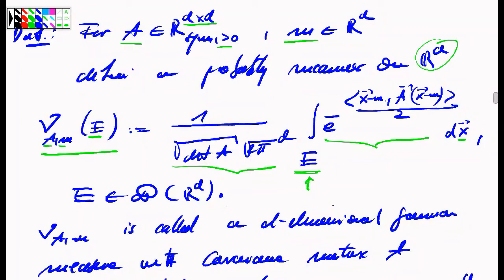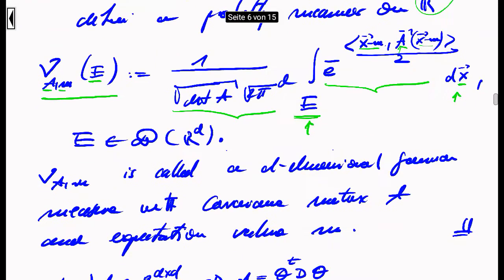And this quadratic form is obtained by shifting this variable x in space by the vector m, and then the corresponding shifted vector will be inserted into the quadratic form, which is generated by the inverse of the matrix A. This is the function in x, which we need to integrate over the set E in order to define the size of the set E in terms of a measure.